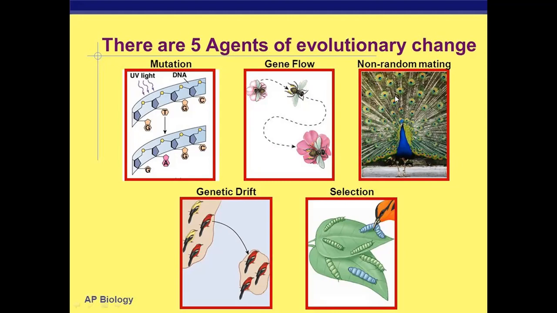Non-random mating: there is no frequent mating among the individuals of the same species. That's why it is called non-random mating. Genetic drift: due to flooding, mountains, or landslides, genetic drift takes place. Certain barriers are there, and due to these barriers, the population gets separated.